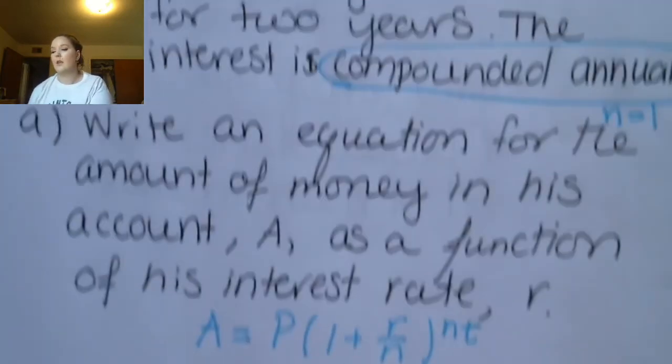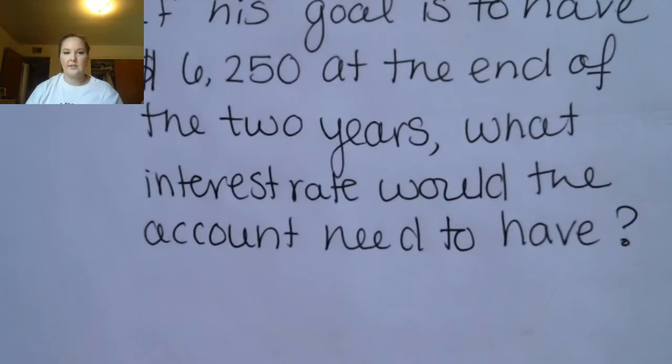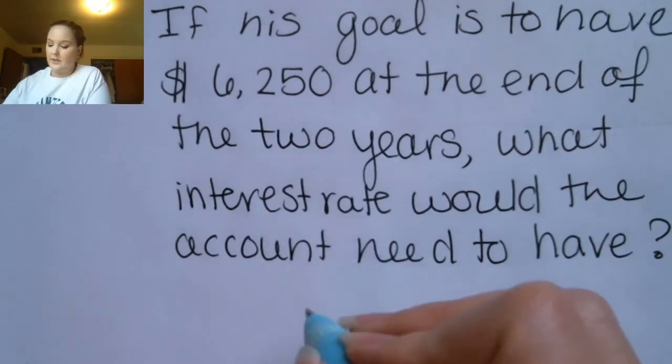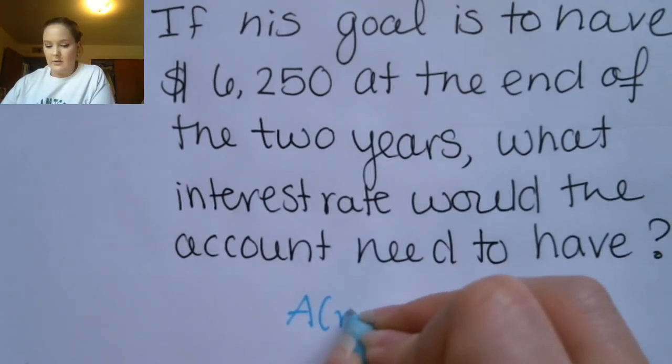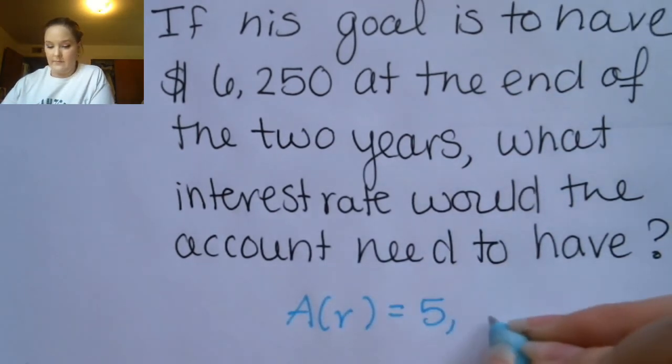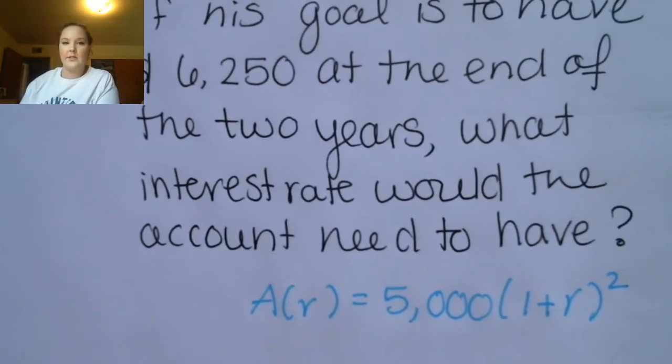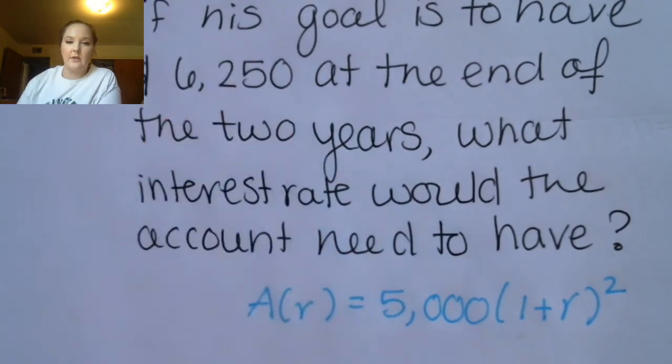All right, let's look at part C. If his goal is to have $6,250 at the end of the 2 years, what interest rate would he need to have? Let's copy our equation. Now it's saying that his goal is this dollar amount.